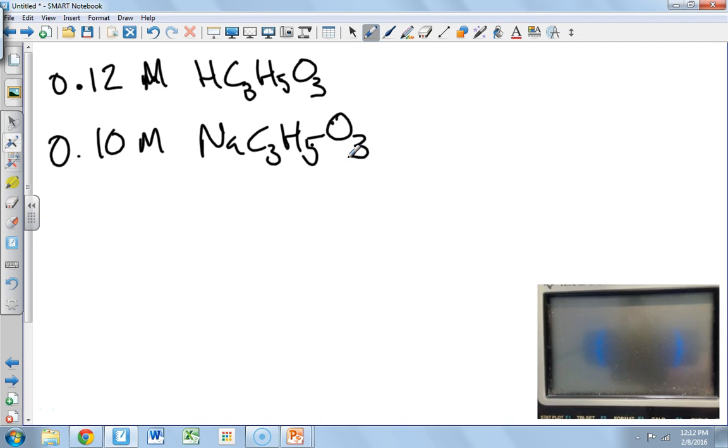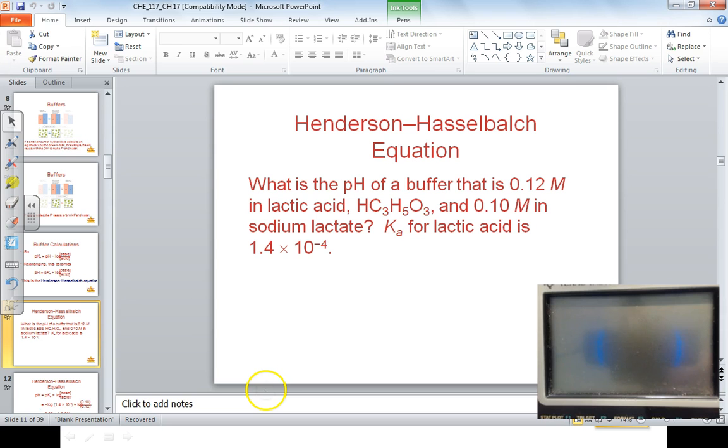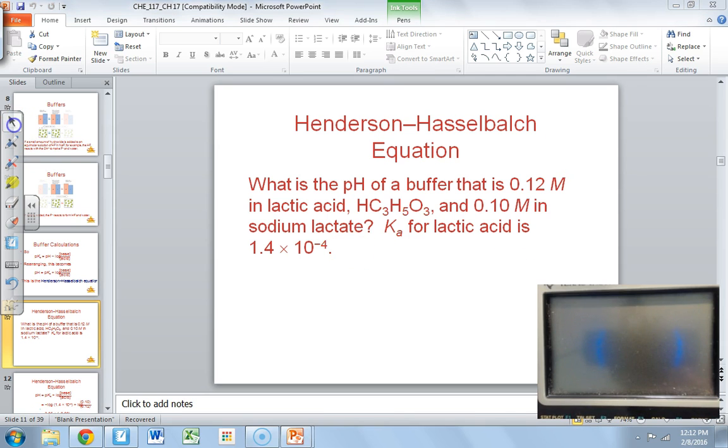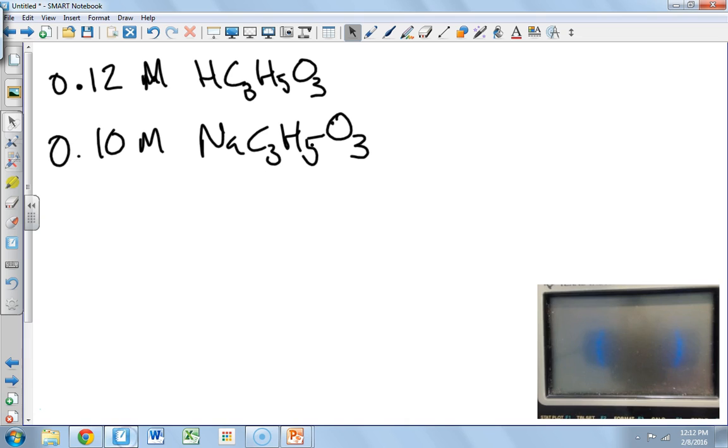We want to know what the pH of the solution is, and it gives us a Ka. Let's solve this both ways so that you can see that the Henderson-Hasselbalch equation is really just a shortcut. Ka equals 1.4 times 10 to the minus 4.